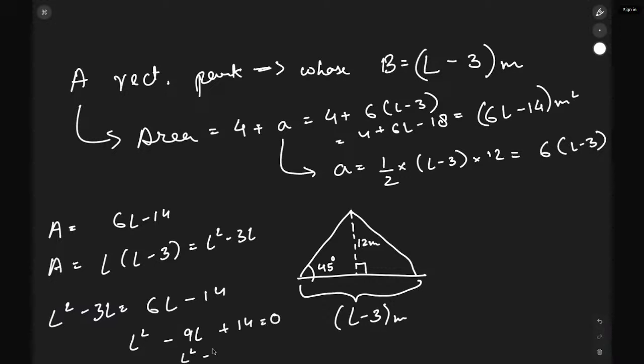Now L square minus 7L minus 2L plus 14 will be equal to 0. And I can simply say that L is equal to 7 meters. Therefore, breadth is equal to 7 minus 3, 4 meters. All right, simple. Note this question down and note the solution.